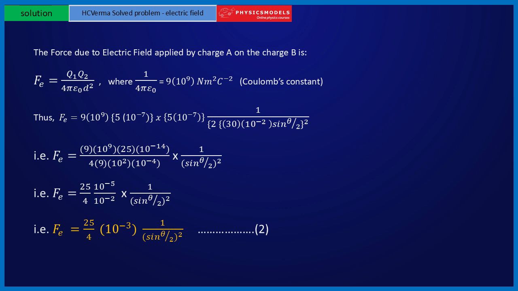We know distance d now, so the d squared comes into the denominator, and we have to be very careful to convert everything into meters and all that. So we will get Fe is equal to 25 by 4 into 10 to the power minus 3 into 1 by sin theta by 2 whole square. If you have come this far, that's a great achievement.